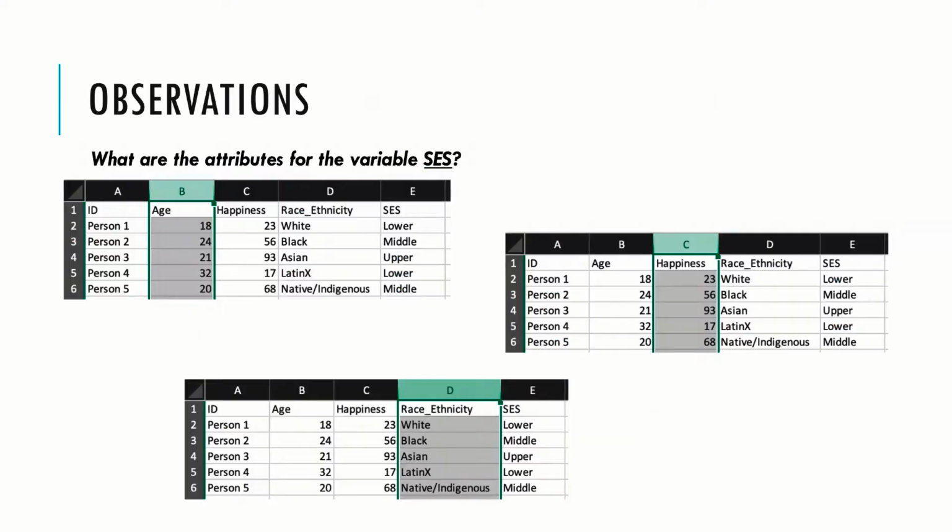We want to understand the relationship between SES and happiness, for example, right? We wouldn't want to look at the whole data set table of people's SES and happiness and just look back and forth and say, okay, well, it looks like many of the people in the middle class tend to be higher on happiness.